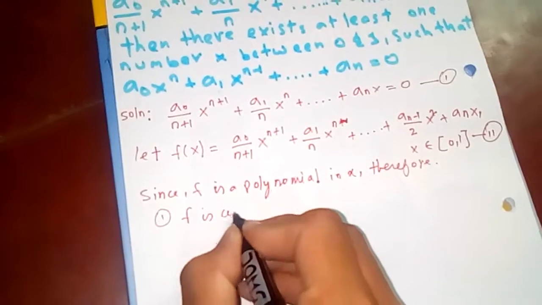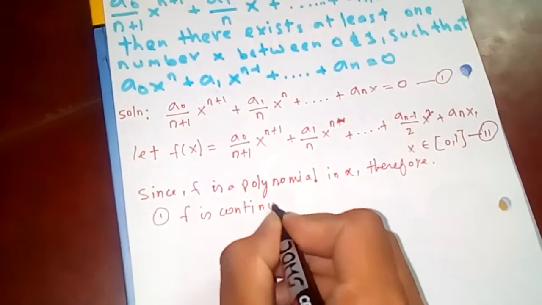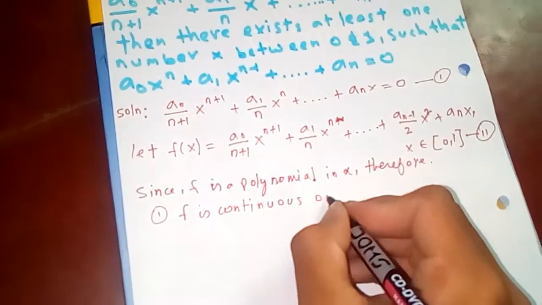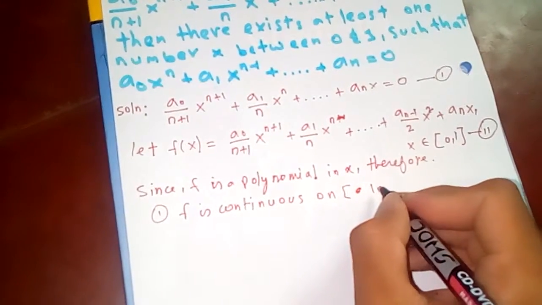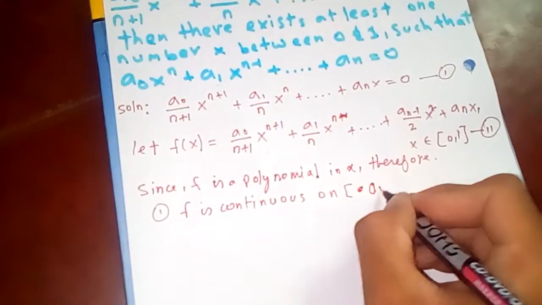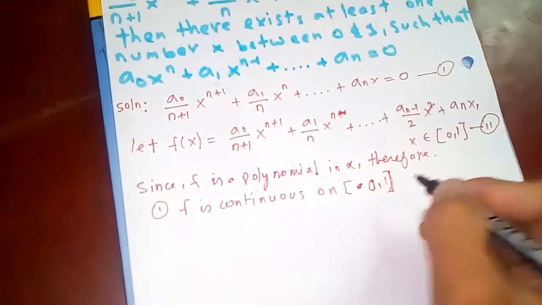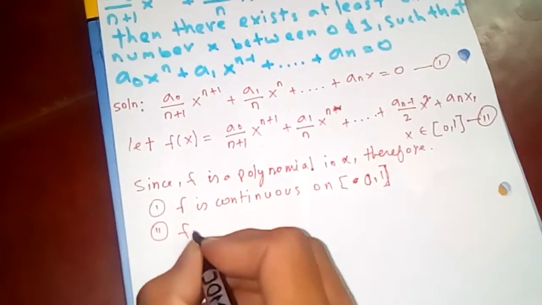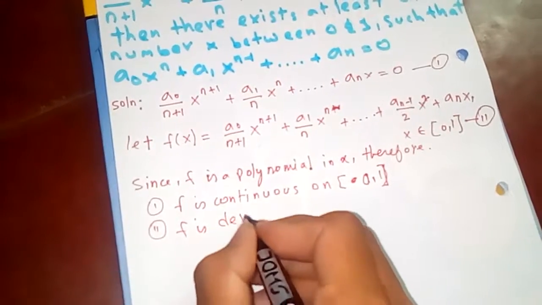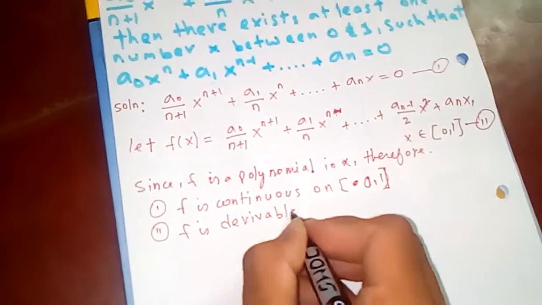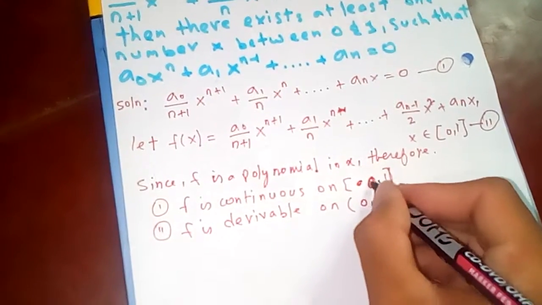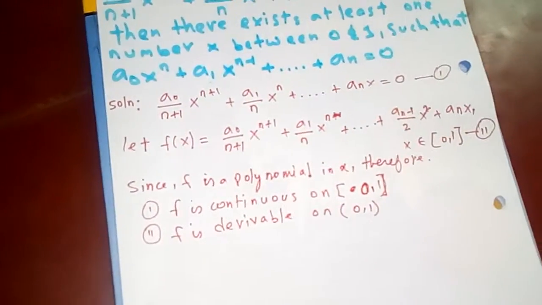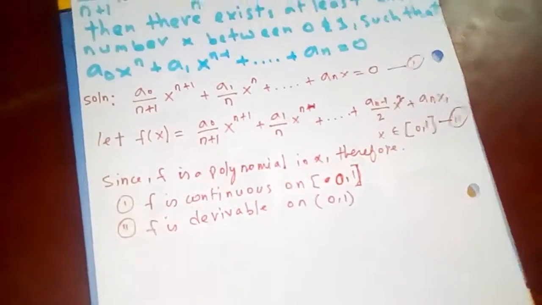That means f is continuous on the closed interval 0 and 1, and it is also differentiable on the open interval 0 and 1. This is 0 and 1, okay.